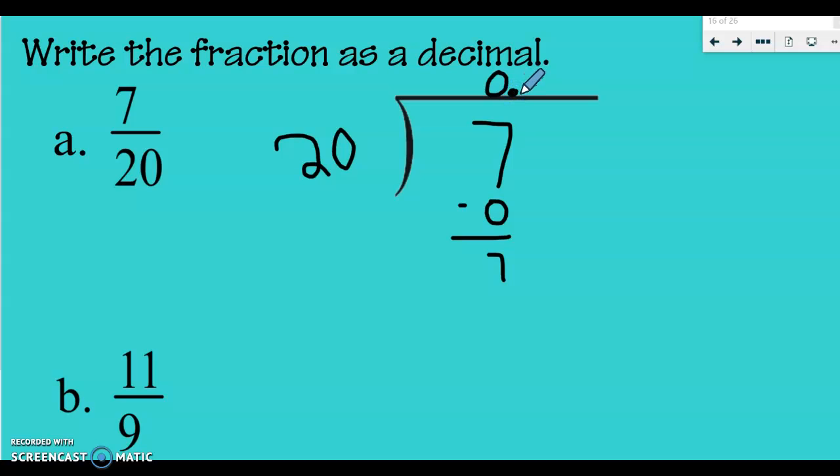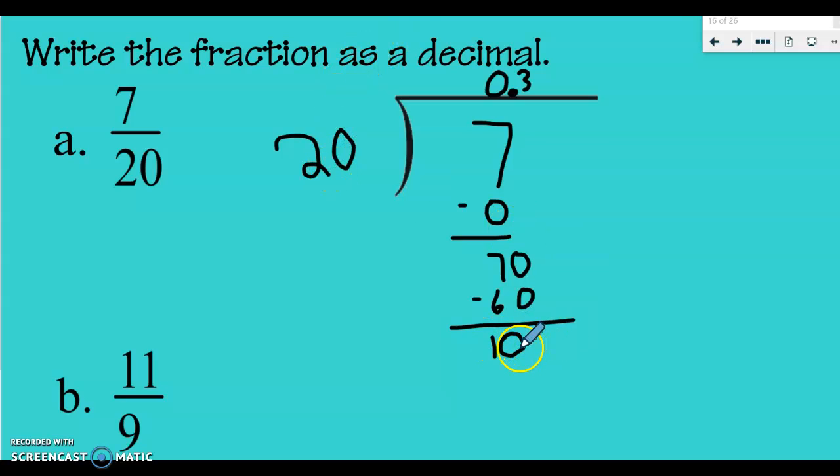Once you add a decimal, that means you can add a 0 down here. That decimal gives you the right of way to add a 0 to help out 20 going into 7, in this case 70. So how many 20s go into 70? So you have 3, so minus 60. So you have 10 left over.